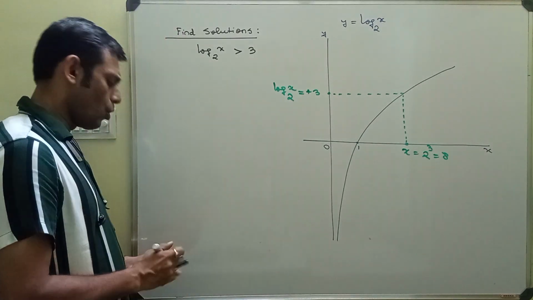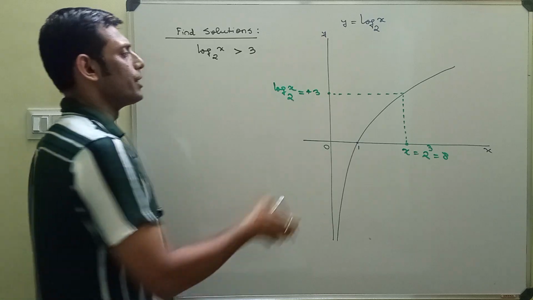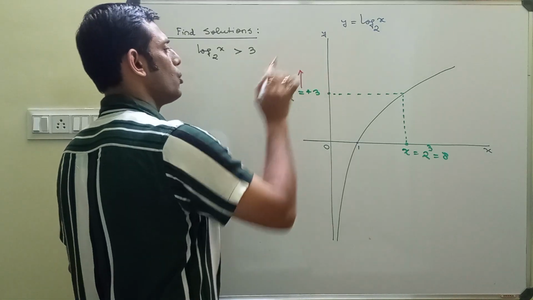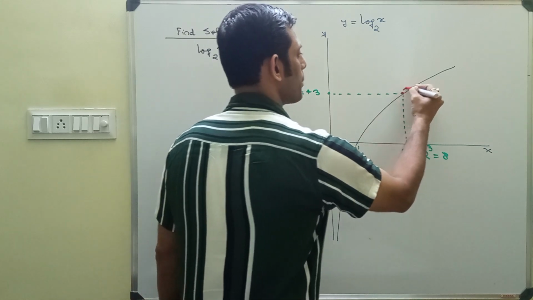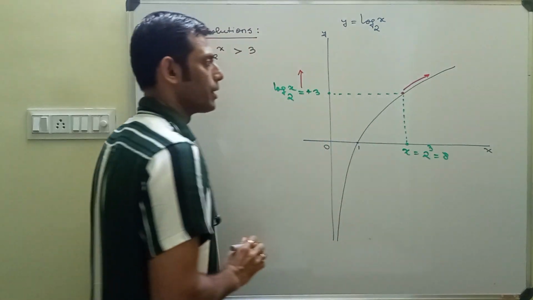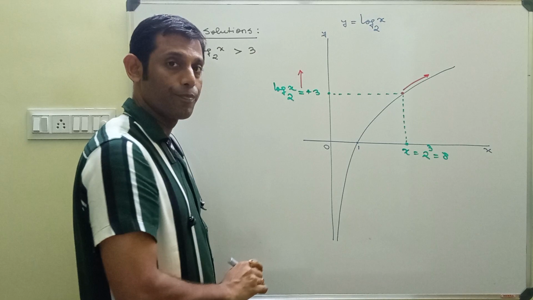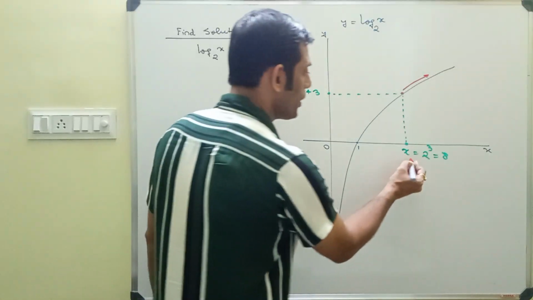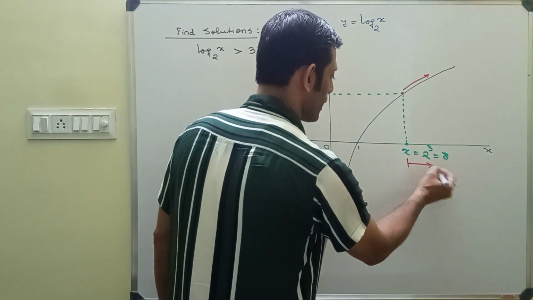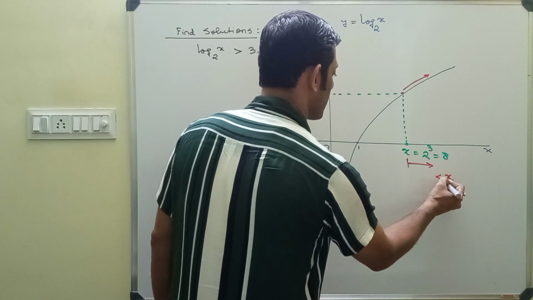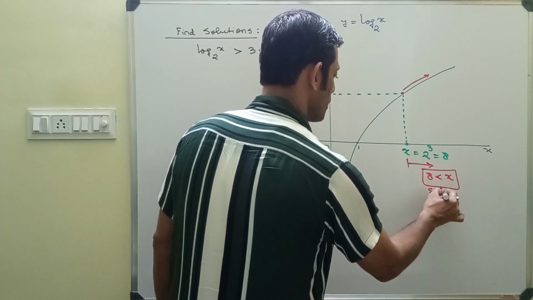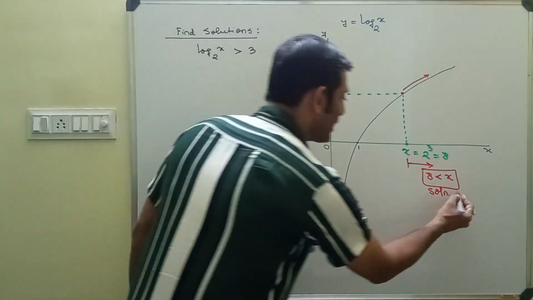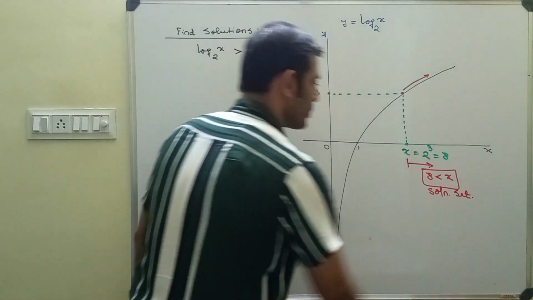You are asked log x base 2 to be greater than 3. That means your requirement is for the log values greater than 3. That means corresponding on the log graph, you can proceed to the right side, upwards. And that means the corresponding values of x would be this side. And that means any x greater than 8 would be your solution. This is the solution set for the inequality that has been asked.